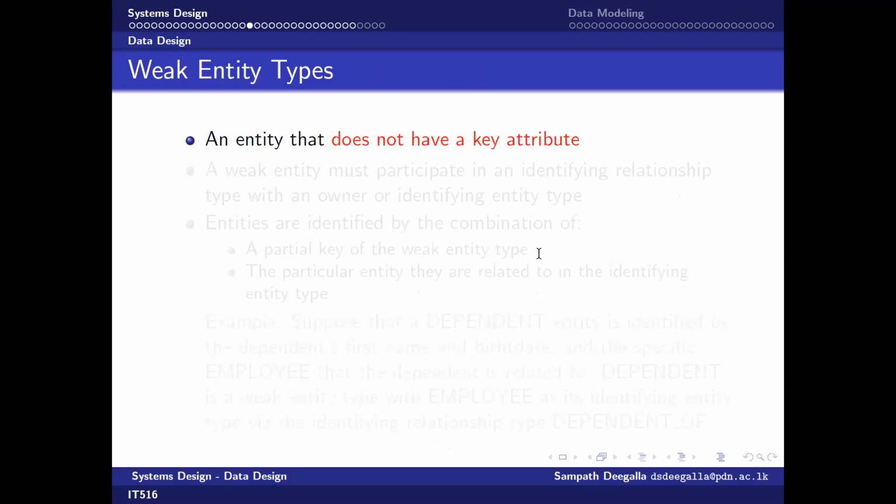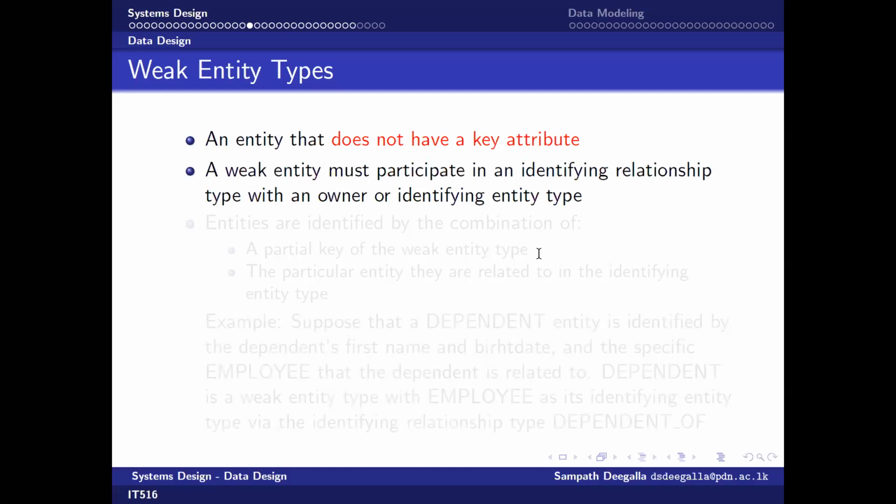Now there's a question from Vikram, what is a weak entity type? Remember that if the entity does not have a key attribute, that means you have no set of attributes you can take to uniquely identify it, then we say it's weak. So the entity becomes weak. For a weak entity, you have to have what we call the identifying relationship.